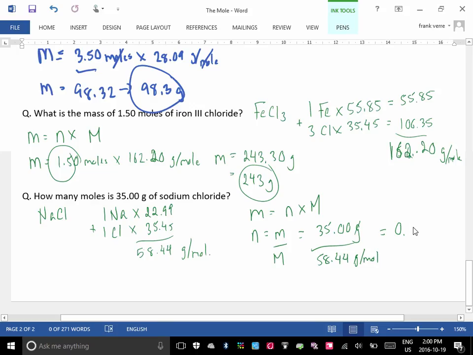We can have 4 significant digits in our answer. So what is it? 0.599. How many digits should there be in our answer? 0.05989.